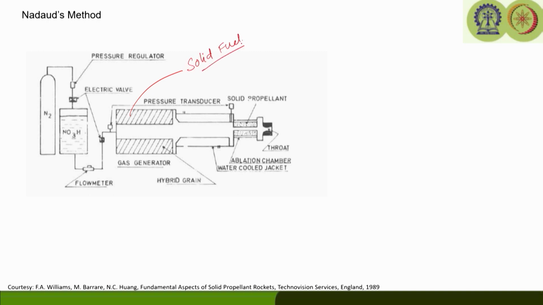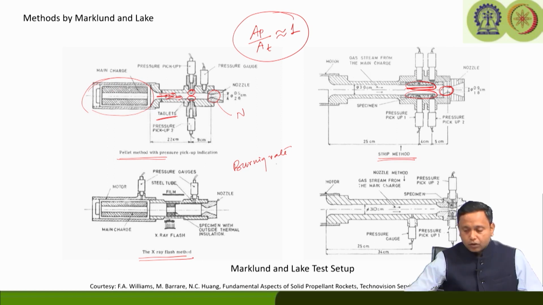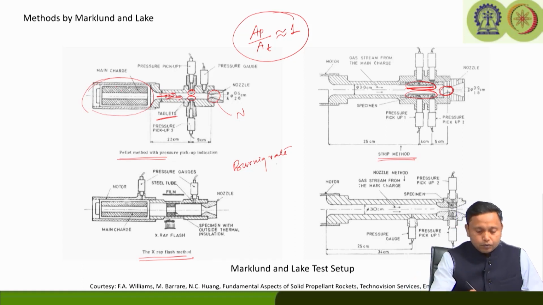So, if you look at the previous case, in case of Marklund and Lake, the main charge was similar to the strip, and they have solid propellant here.